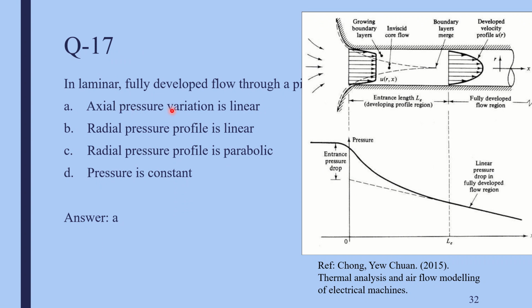In the previous case, we saw developing flow. Now we should consider the fully developed flow. In fully developed flow, axial pressure variation is linear. A linear pressure drop in the fully developed flow region is observed. So option A is the right answer.